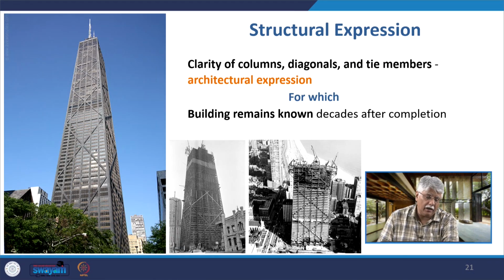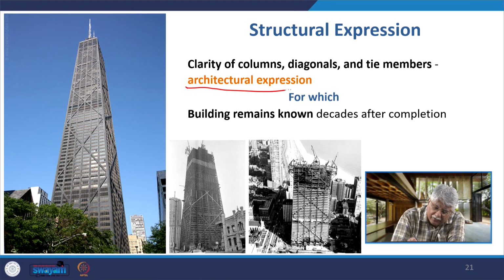Now when we talk of the John Hancock Center, if you look at the structural expression, there is clarity of columns, clarity of diagonals, and the clarity of tie members, and this is the architectural expression of the building. That means the building structural members are now playing the role of giving the aesthetic form to the building.